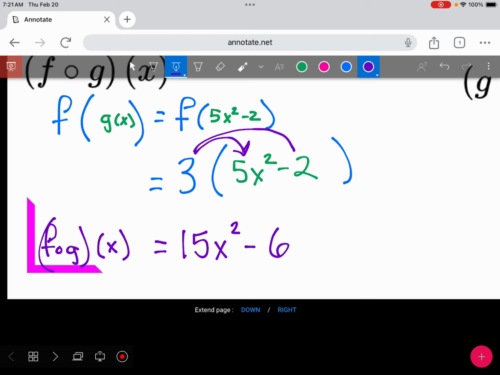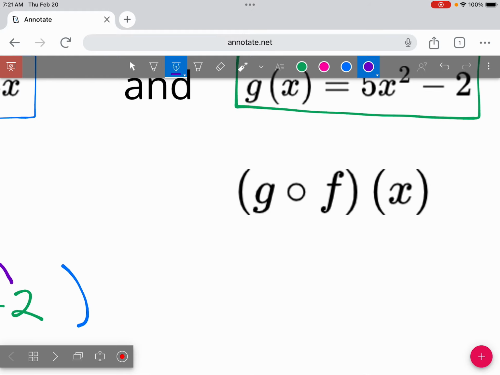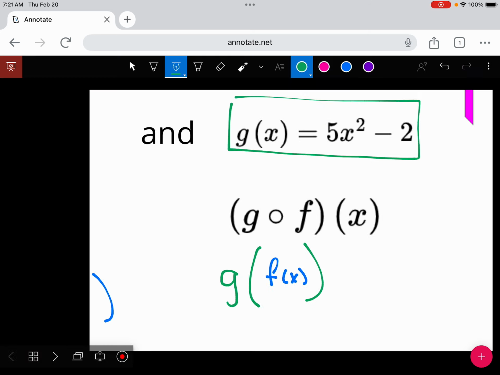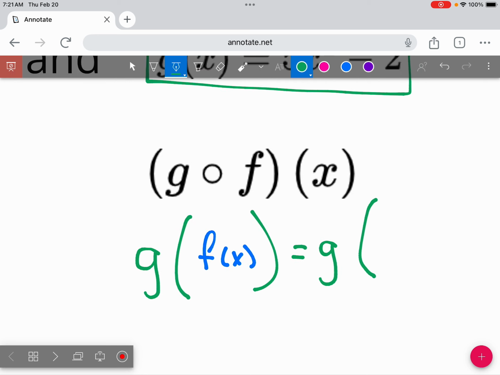So the right-hand one is doing the same thing, just in the opposite direction. Instead of putting g inside f, we're going to put f inside g. So this is having us do g of f of x. Substituting f of x in place of the x. So for g, we're going to be doing g of our 3x.